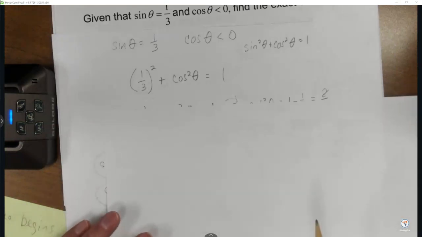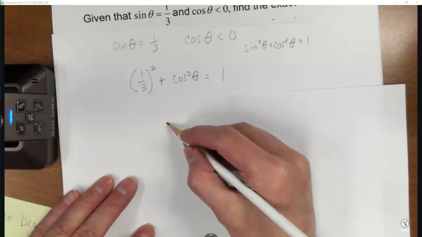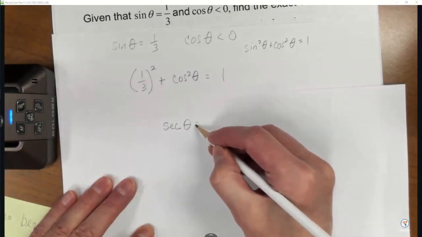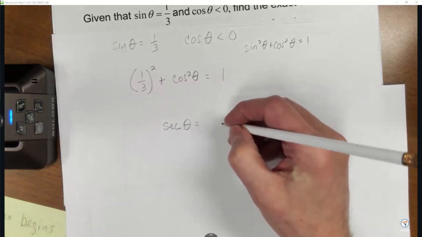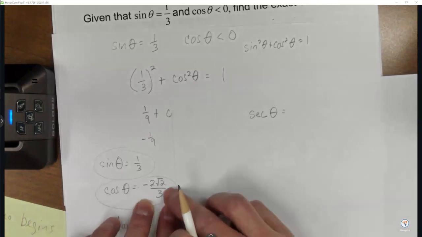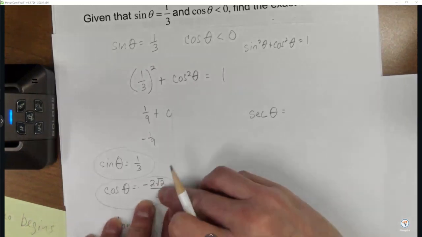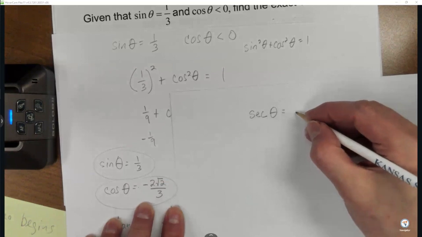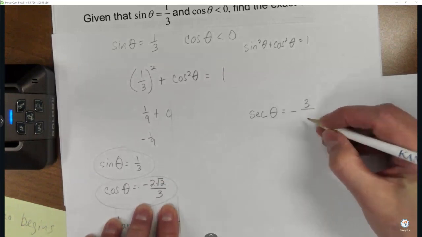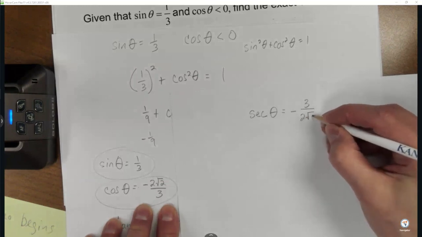Three more. So we also want the secant, and that's equal to 1 over the cosine. So if I put 1 over the cosine, it's going to flip those, so it'll become -3 over 2 times the square root of 2.